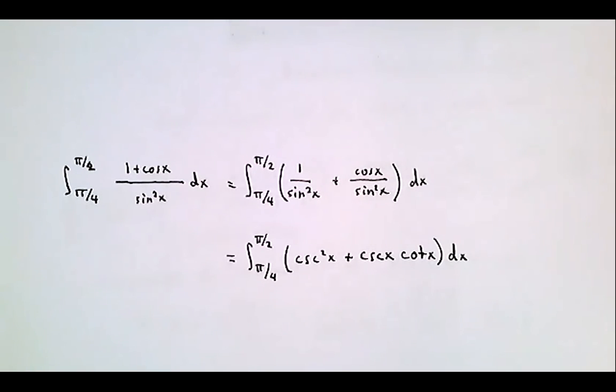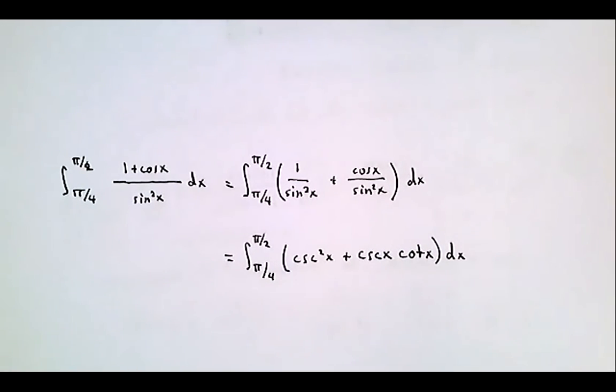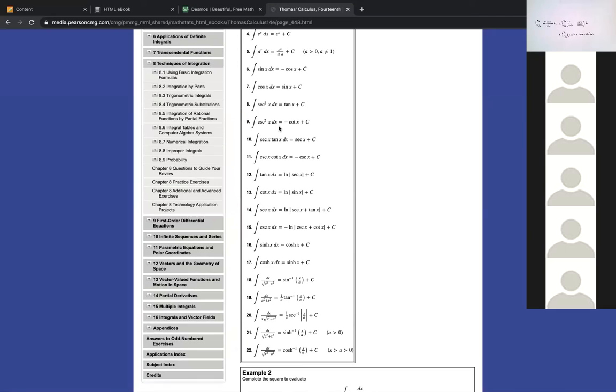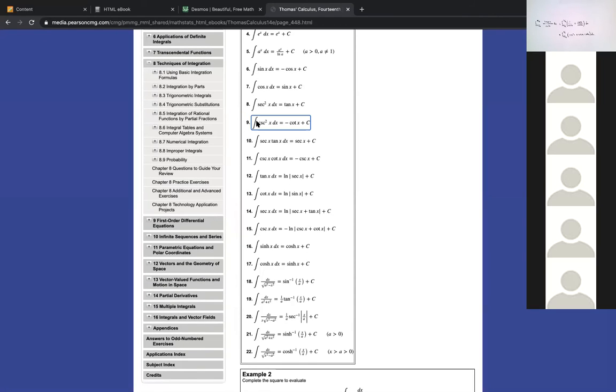Good. And these expressions, if we go back to our table, and I can pull it up for us, we can find. So here's cosecant squared, bullet point number 9. And number 11 has the cosecant times cotangent.